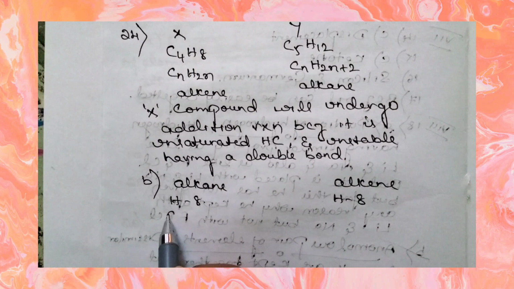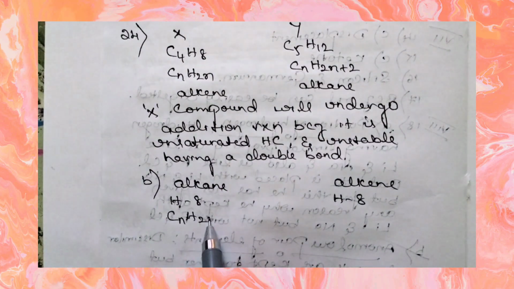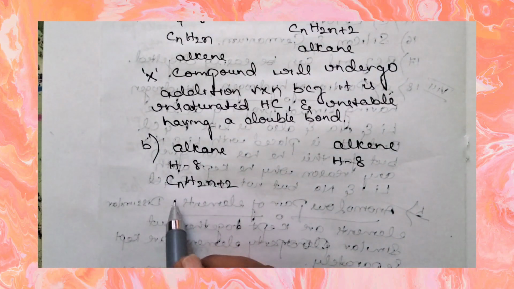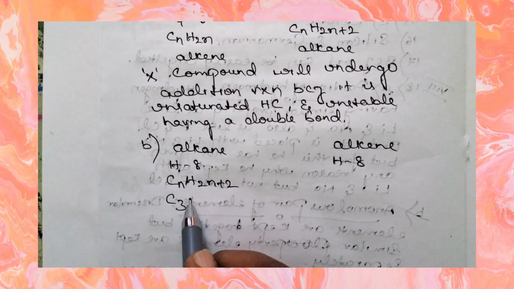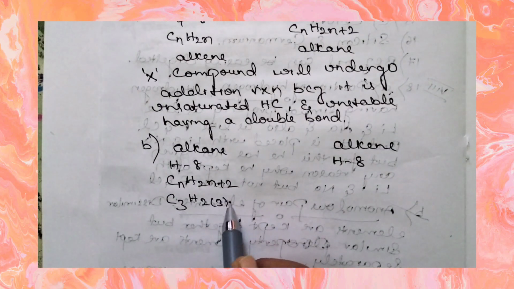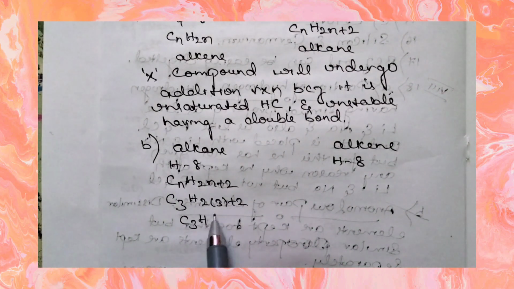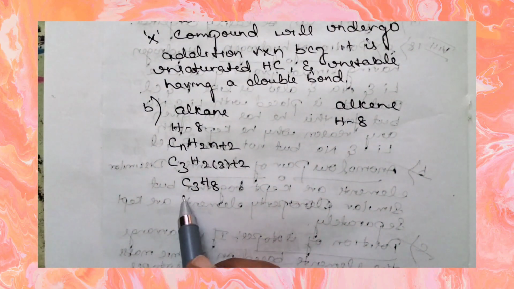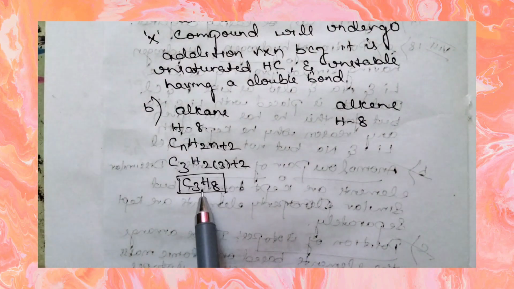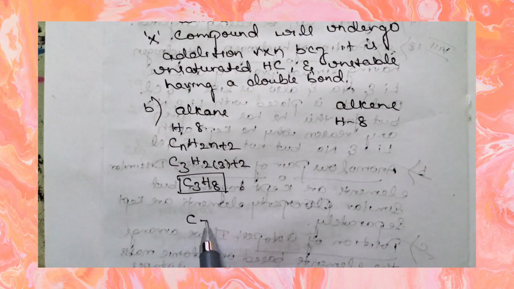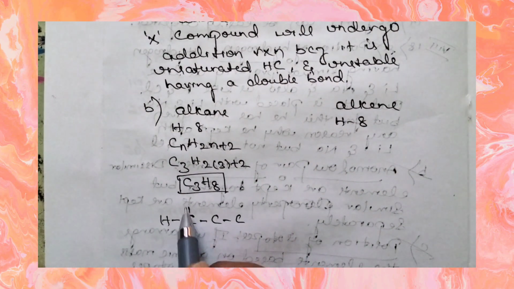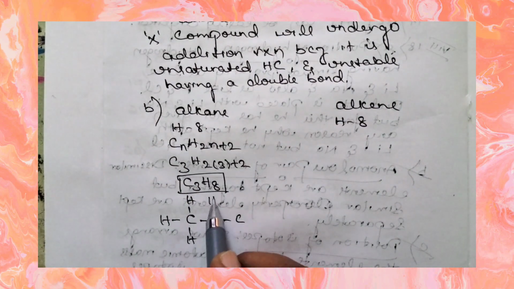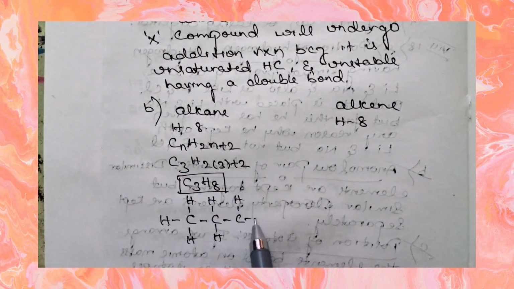Now see, if I use the general formula CnH2n plus 2, in place of n let us give 3. 2 into 3 plus 2. So 2 threes are 6, 6 plus 2 is 8. So C3H8 is propane. So this is the molecular formula for the alkane having 8 hydrogens. For the structure, 1, 2, 3 carbons, and 1, 2, 3, 4, 5, 6, 7, 8 hydrogens.